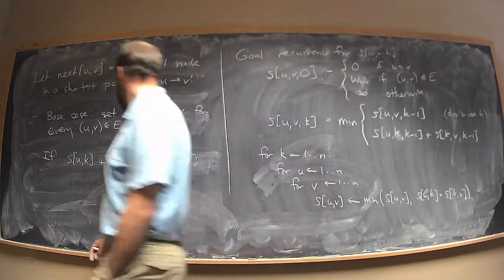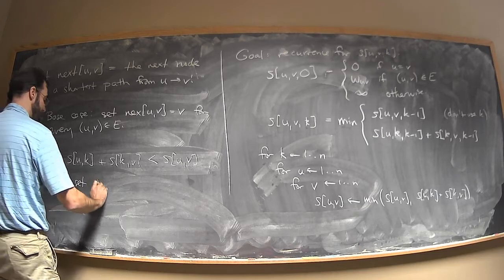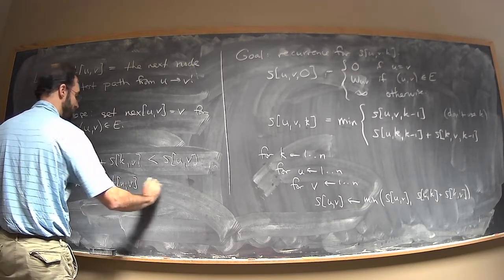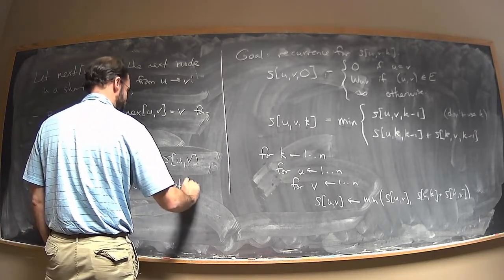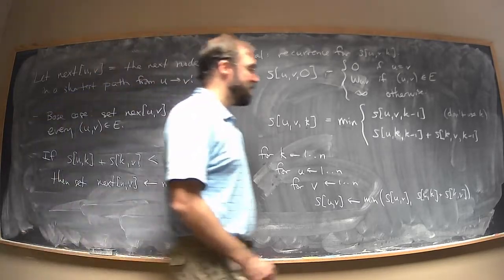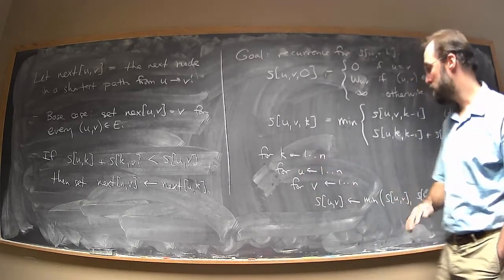So then we set next UV to next UK. And that's it. It's very simple, and that works if we keep doing this. So we would need to change this a little bit.